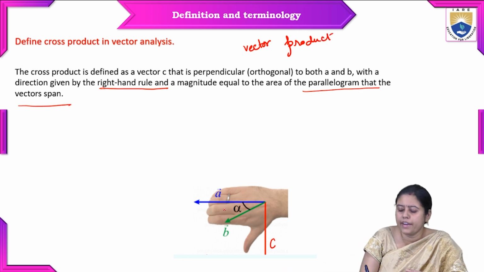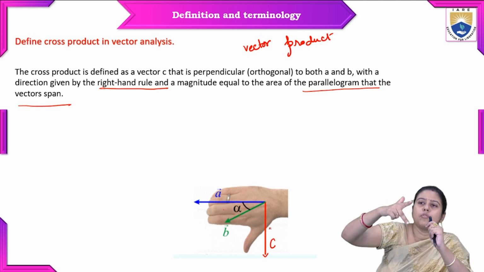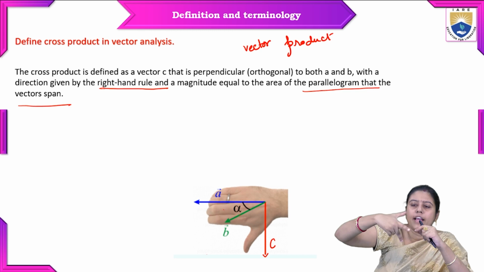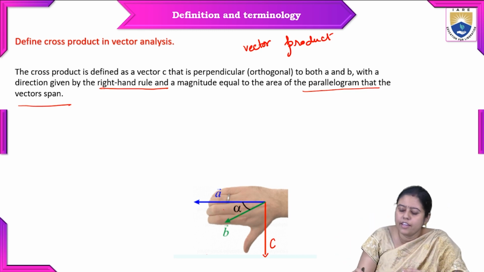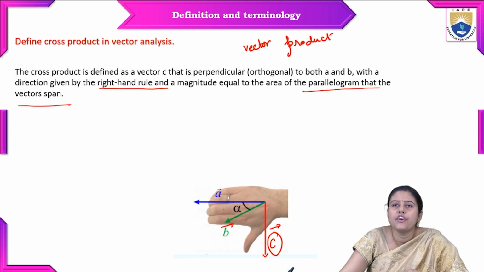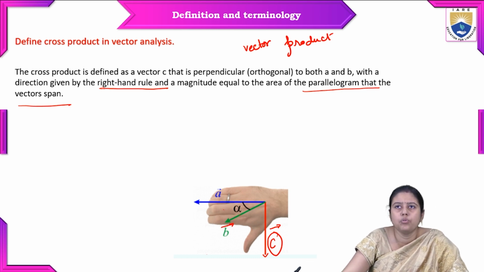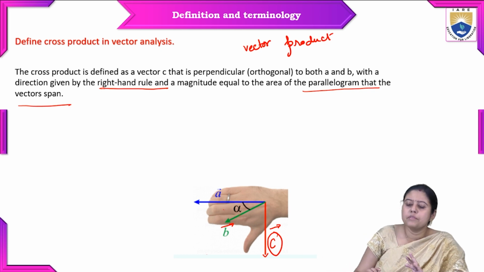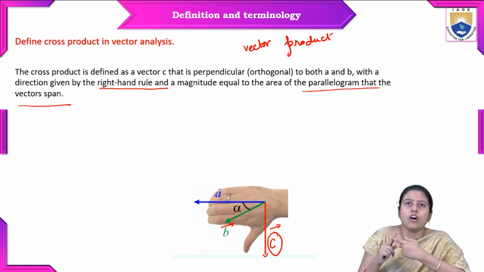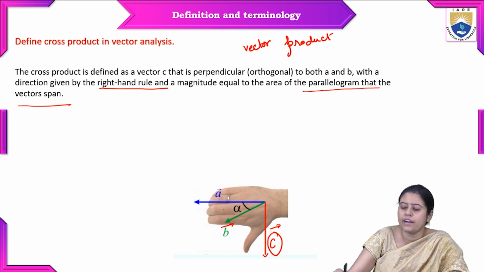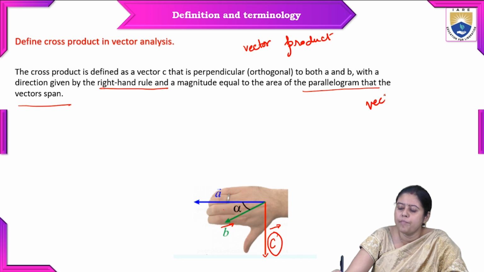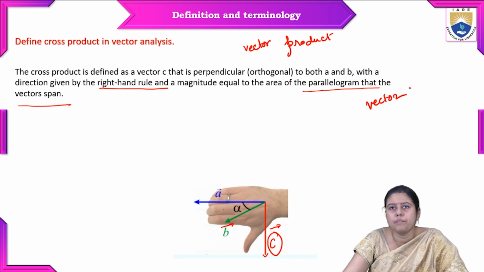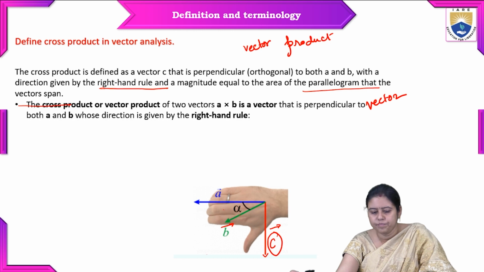If we have vectors A and B, the output will be C, and we can calculate the direction of C using the right hand rule or right hand screw rule. In this vector product, as the name implies, if we do the cross product of two vectors, the output must be a vector quantity.